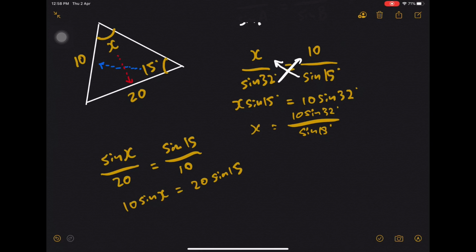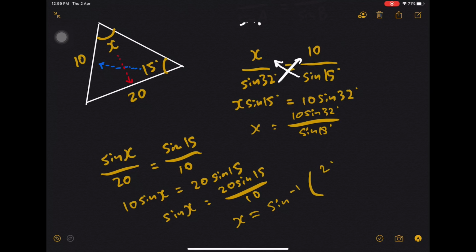When you want to find an angle, you always have sine inverse, tangent inverse, cosine inverse. We bring the 10 over to the other side first, and this will get you this over 10. To find x, we will have x equal to sine inverse, you have to bracket it, 20 sine 15 over 10. Press this in the calculator, and you find the unknown x.